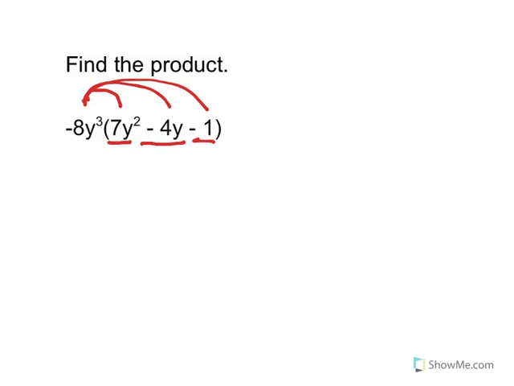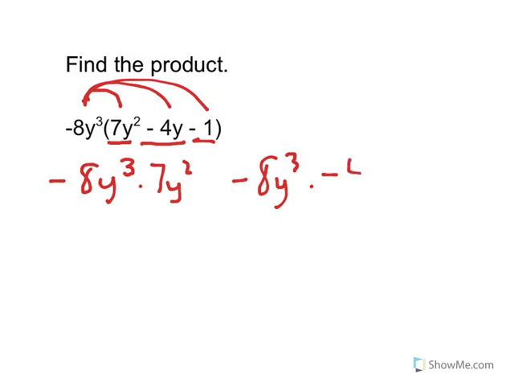You can pretty much do this in your head if you like to. So we're going to take negative 8y cubed times 7y squared, negative 8y cubed times negative 4y, and negative 8y cubed times negative 1.